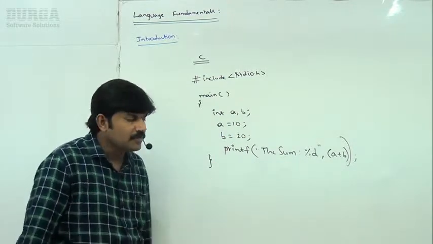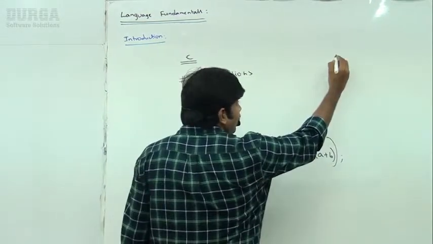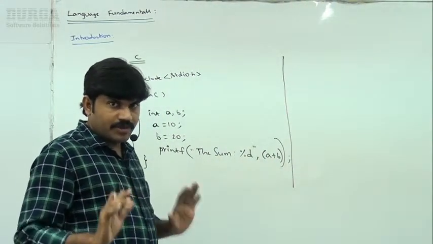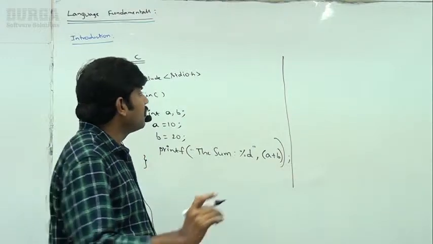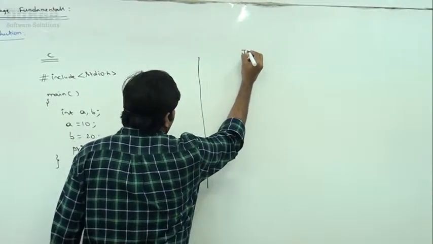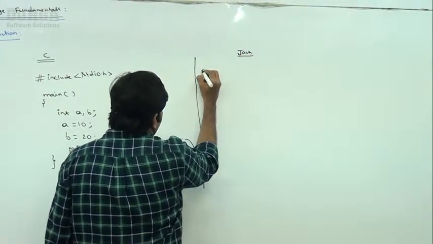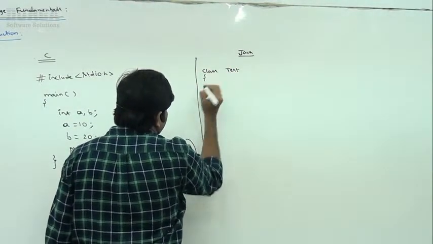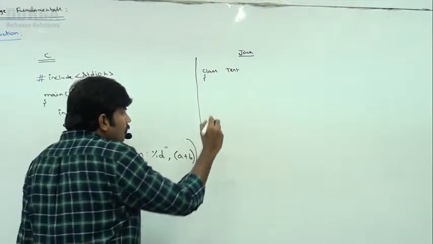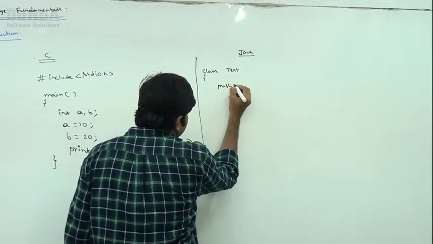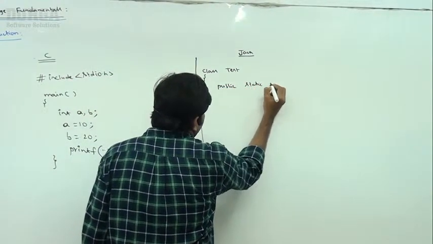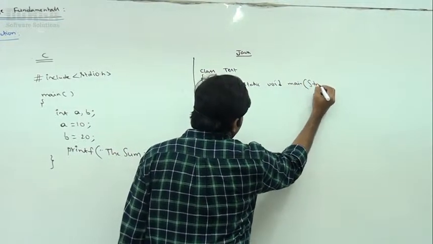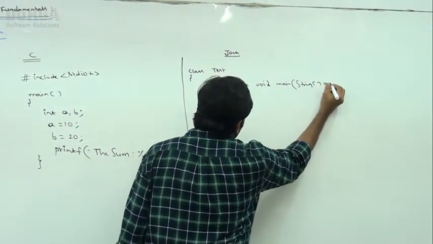Simple program only. If it is Java, for the same requirement, how can we write the code? Very simple. If it is Java based, have a look once: public class test, public static void main(String[] args).